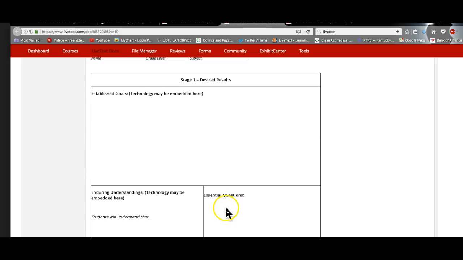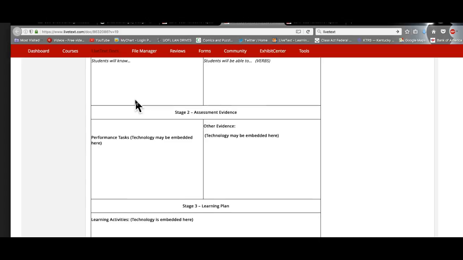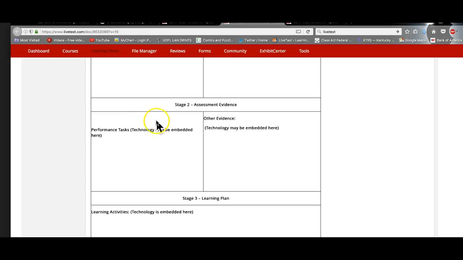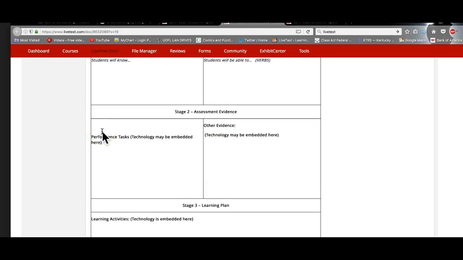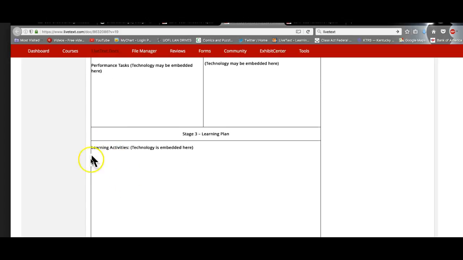And then all of this then feeds back to here. And then finally down here, here's your performance task. You might have a rubric that would fit in over here. That's what other evidence is about. Performance task, again, is another reflection of the facets of understanding. It's also down here as well.